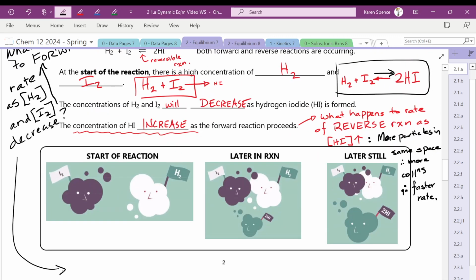I could do it down here. Fewer particles. That's more grammatically correct than less, just in case you were wondering. Fewer particles in the same space. Therefore, fewer collisions. Therefore, slower rate.